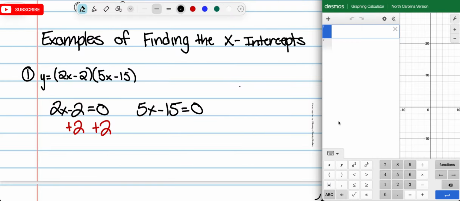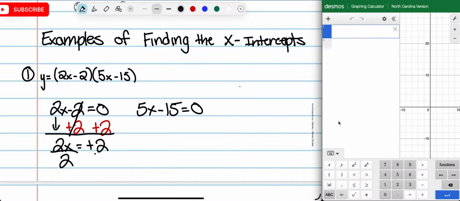That cancels out the negative 2 and brings my 2x down. 0 plus 2 gives me a positive 2, and I can divide everything by the number beside my x, so the 2's cancel out. 2 divided by 2 gives me 1, so for this one x is equal to 1.